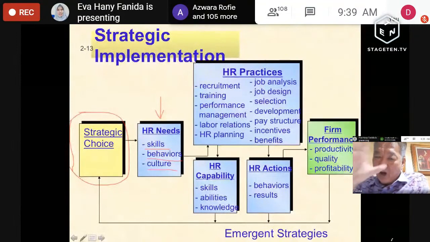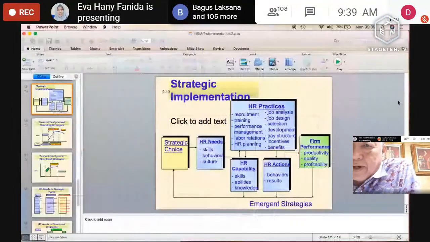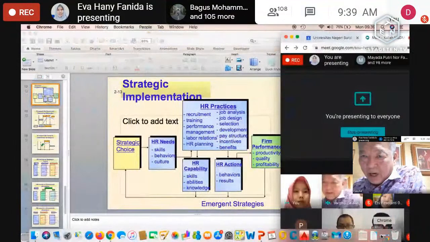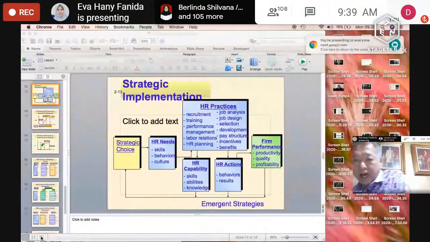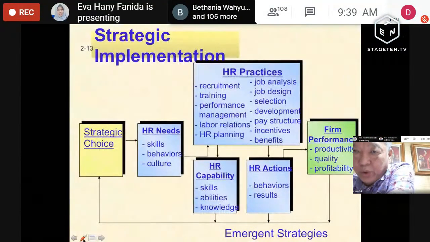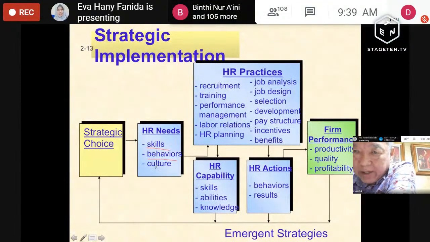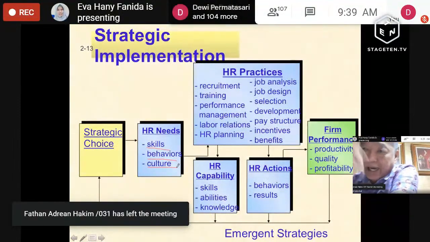If we already know what kind of human resource needs we want, skill, behavior, and culture, how can we attain these three needs? How can we do it? By HR functions.